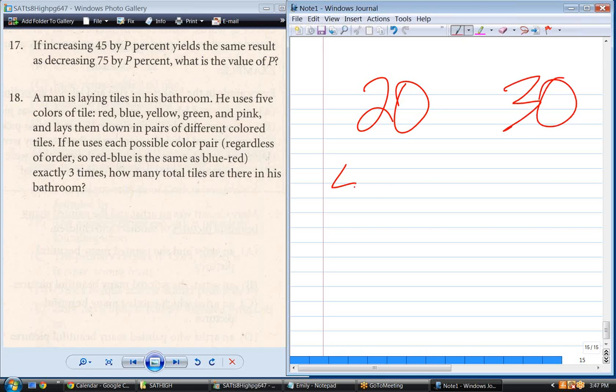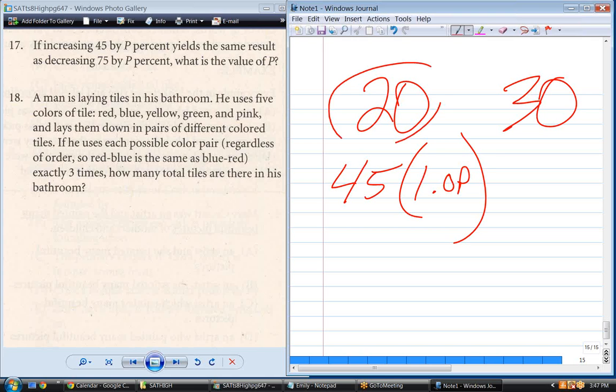I'm going to increase the number 45 by p%, which means I'm going to multiply it by 1.0p. In other words, when I increase 20 by 50%, I multiplied it by 1.50. There's my 50%.